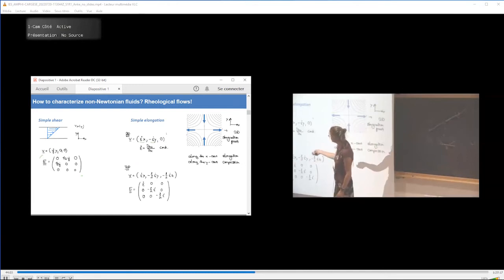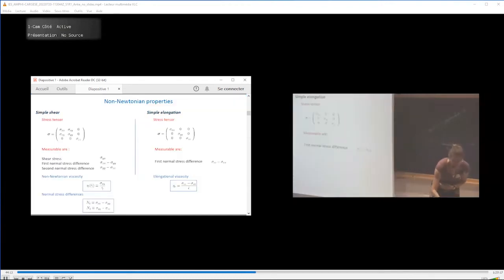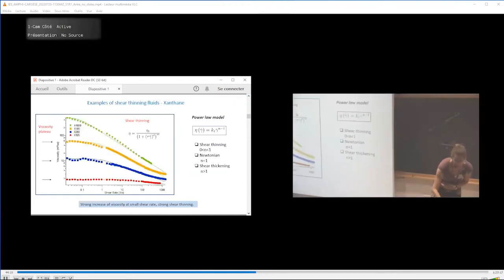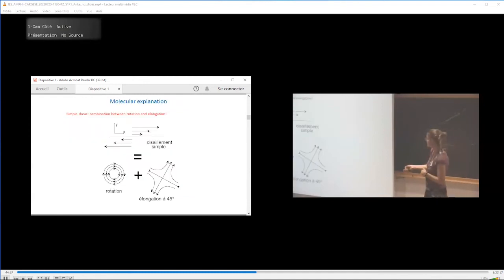And it turns out that these are these 45-degree axes. So this corresponds to an elongational flow, but slightly turned. So a shear flow, and this is important to keep in mind for all the rest, is a combination between a rotation and a compression and elongation, but slightly turned.